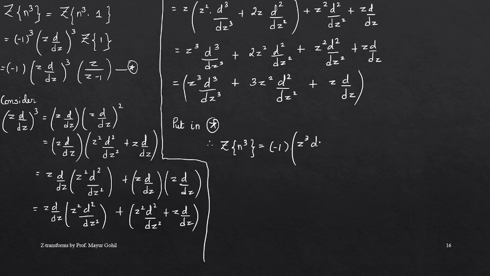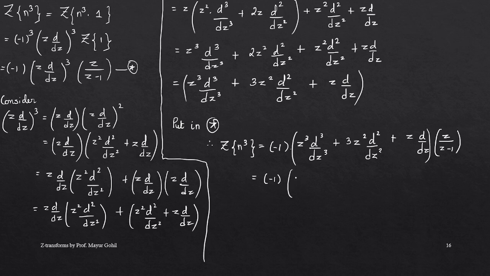z³ d³/dz³ plus 3z² double derivative plus z d/dz. This whole thing gets operated on z over z minus 1. Now we need the answer.